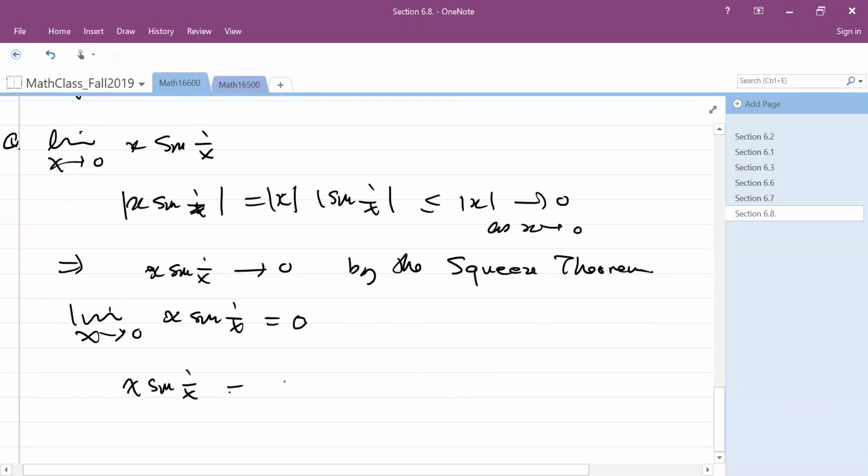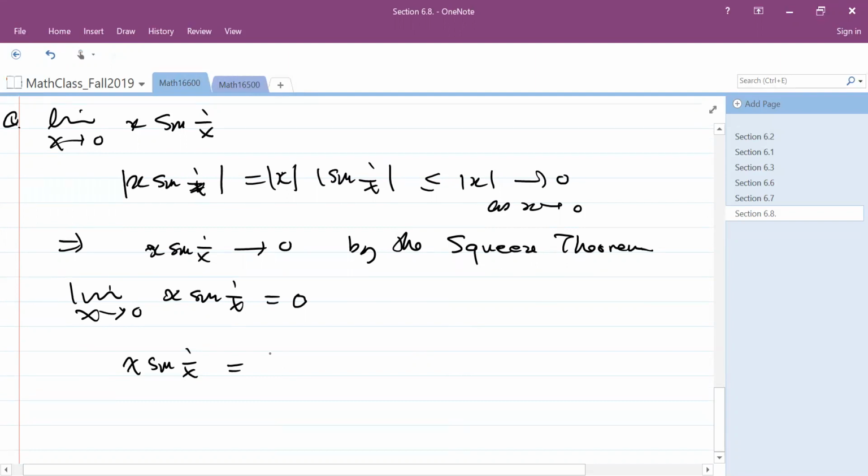This can be written in a couple of ways. You can write it as sine 1 over x divided by 1 over x. So you can use a substitution. You let u be 1 over x. Be careful about this, because when x approaches 0 from either side, 1 over x approaches positive infinity or negative infinity, so it's not very clear.